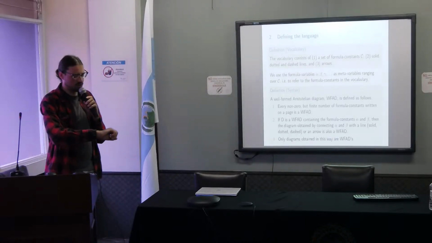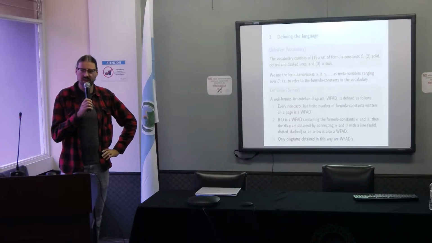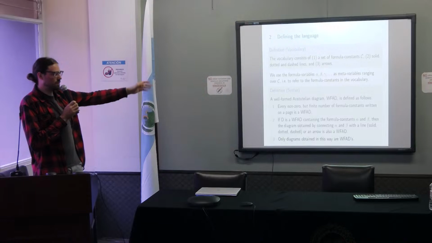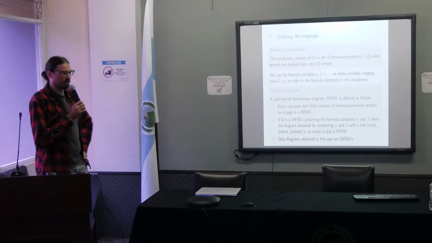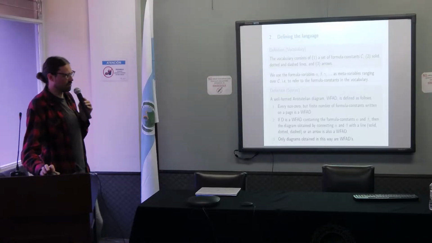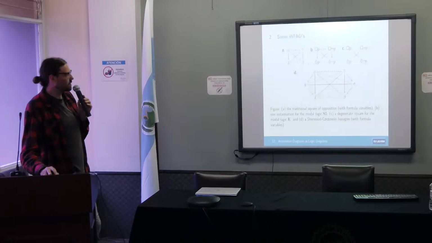And finally, only diagrams obtained in this way are well-formed Aristotelian diagrams. You might recognize this is very similar to the normal definition of well-formed formulas in logic, but now our well-formed formulas are diagrams instead of something more classical. Okay, so that's the language.